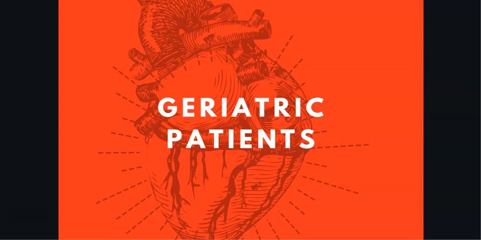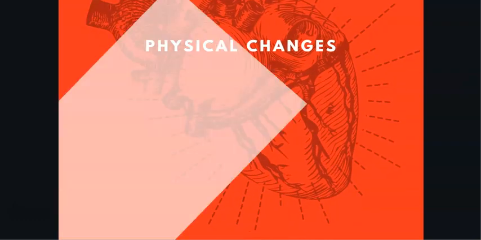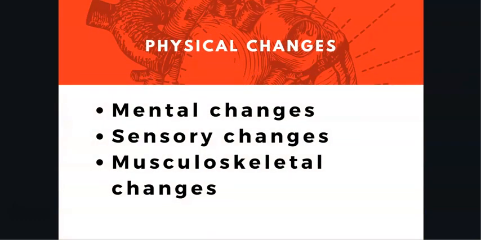One of the big things we have to be careful with in geriatrics is polypharmacy. It's very common in the older adult population. Emergency visits for adverse drug reactions are very common in older adults, especially compared to younger adults. They go through mental changes, sensory changes, and musculoskeletal changes.